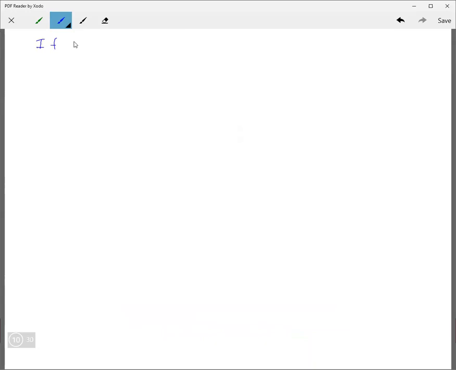If f of z has a pole of order k at z naught, then, this is if and only if, when you write it as a Laurent series, you're going to lead off with this.